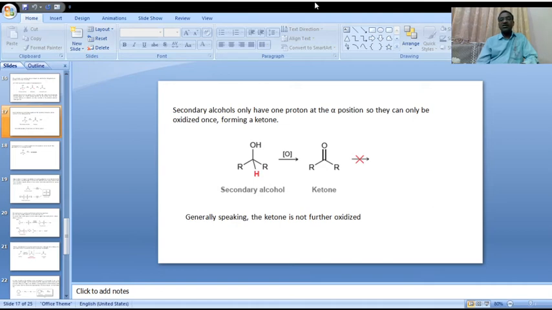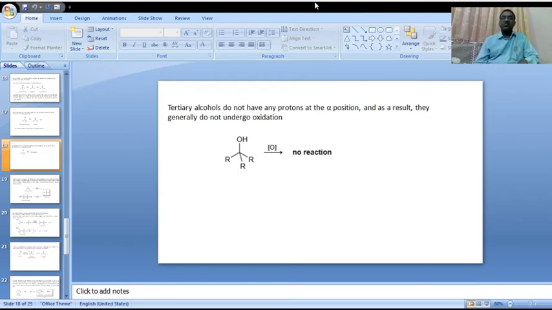A secondary alcohol contains only one hydrogen at the alpha position, so it undergoes oxidation once and forms a ketone. This ketone does not undergo further oxidation.